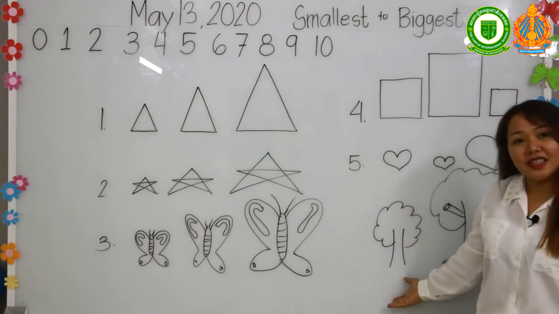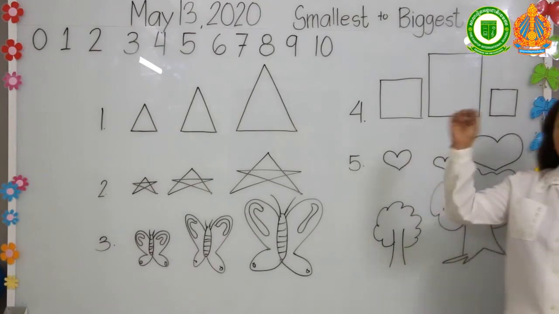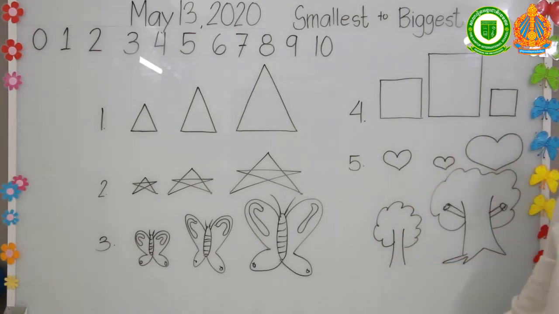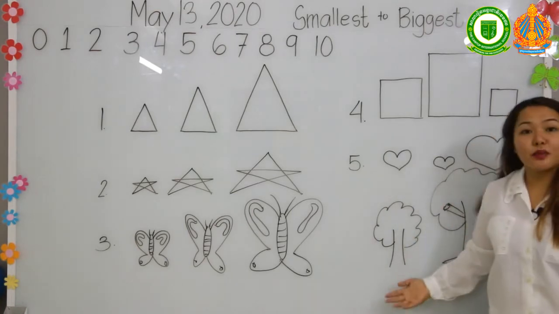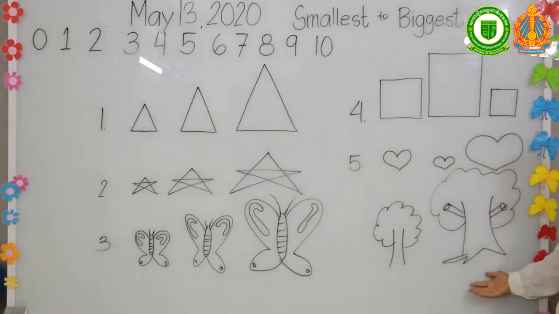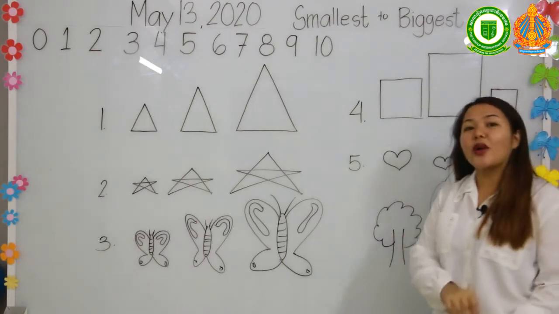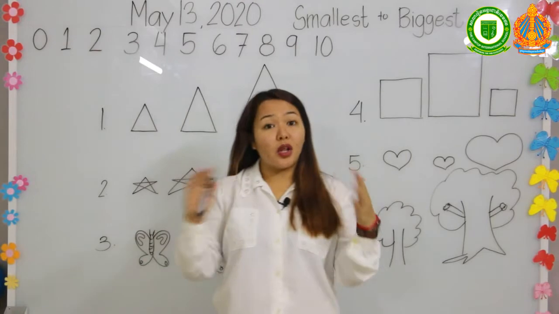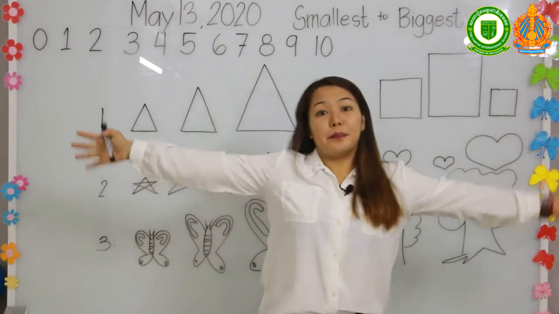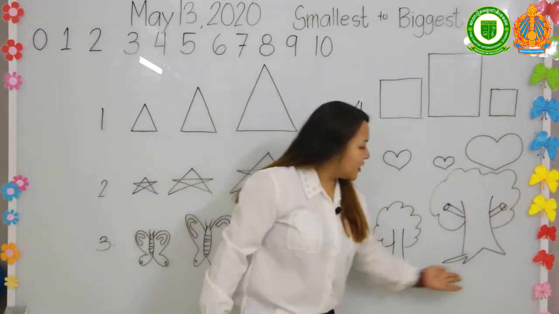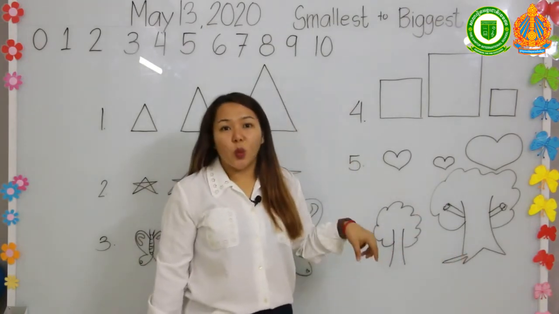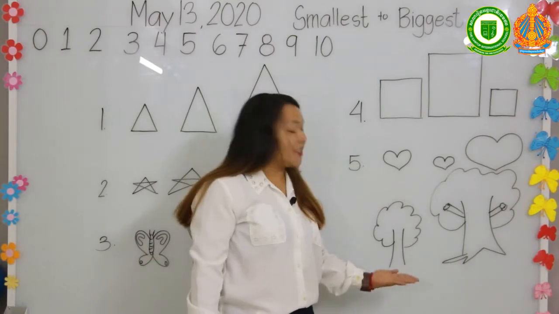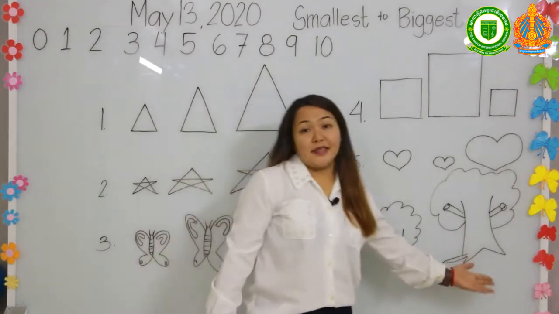Again, small, big. One more time. Small, big. All right, so that's what we're going to learn today, the concept of smallest to biggest. These two pictures show us what small and big look like. This is small, this is big.